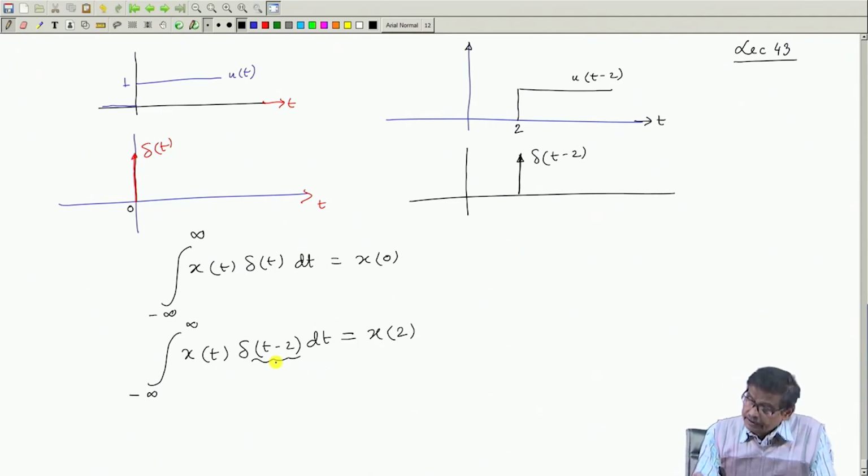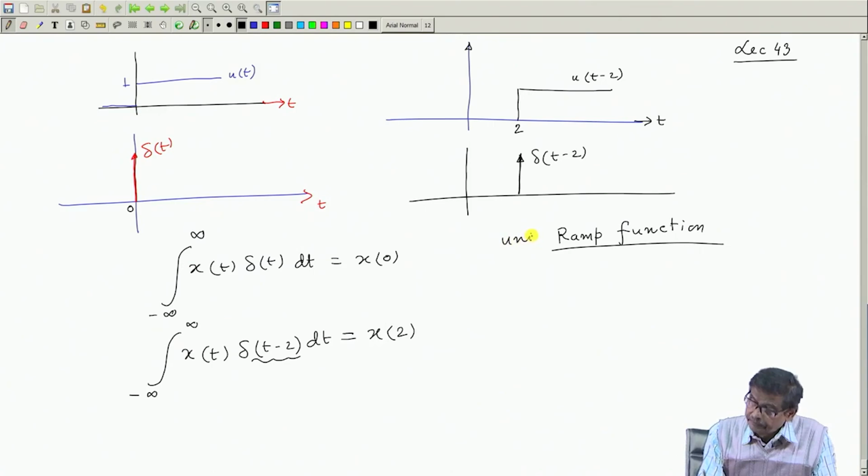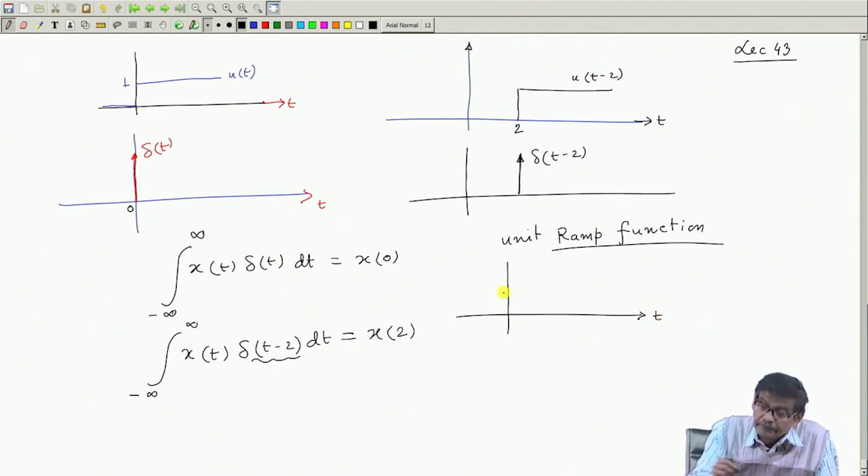Another function I will just mention is called the ramp function. Unit ramp function. It is like this. With respect to time, the function will go linearly, and it is called r t.